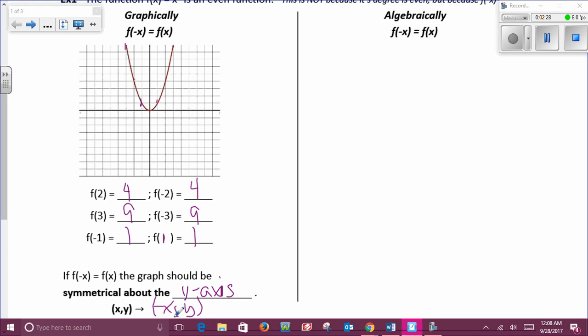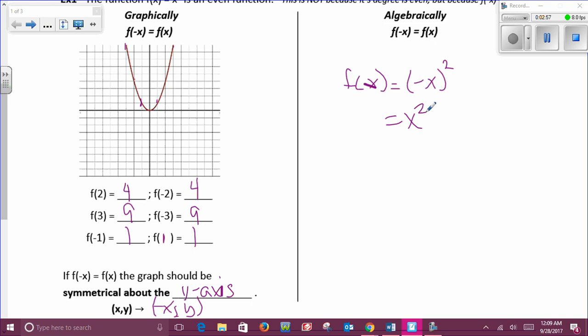So to do this algebraically, we take f of negative x and substitute negative x in for x, and then write our function, which was x squared. If I square negative x, I will end up getting negative 1 times negative 1, which is 1, and then x times x, which is x squared, so just x squared.